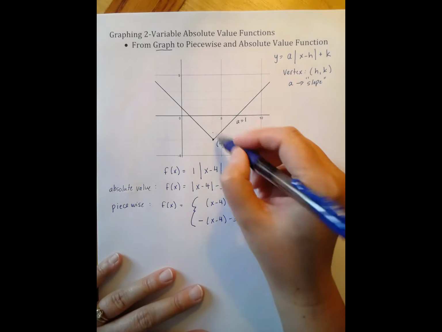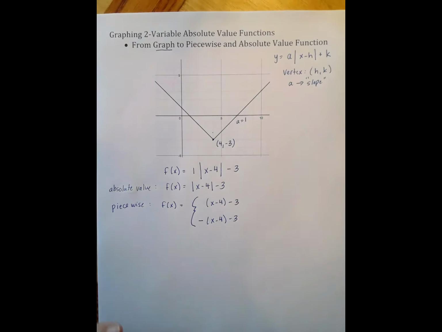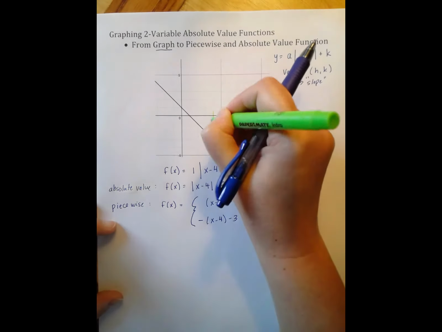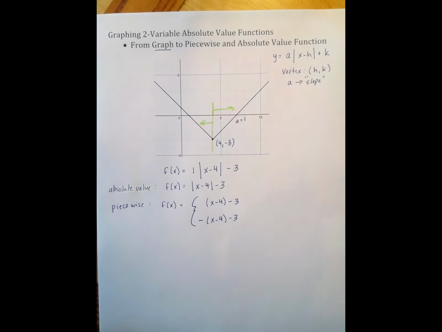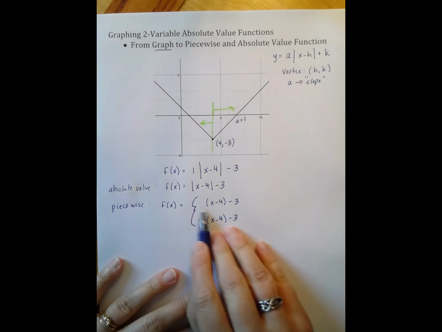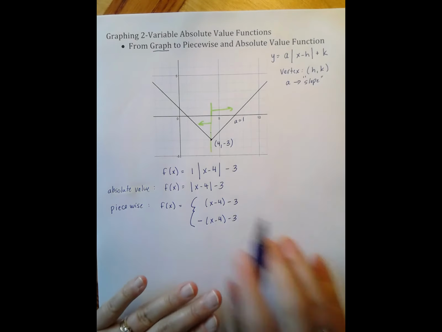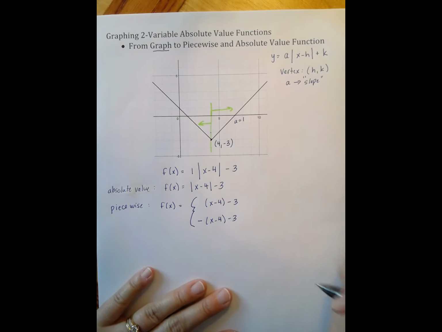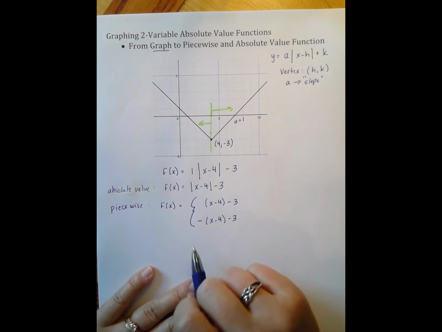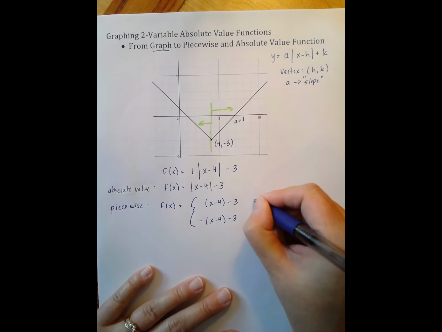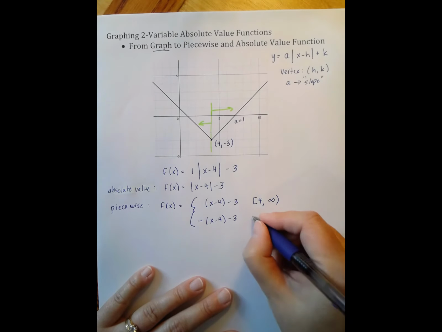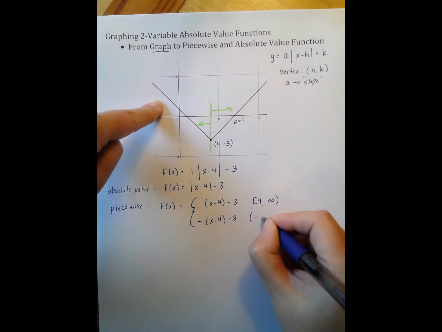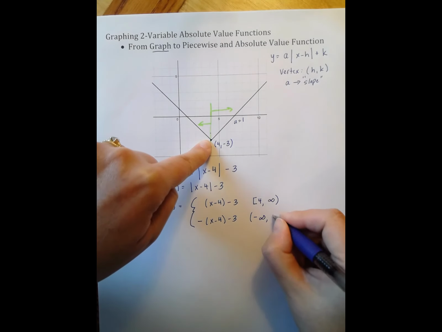My turning point here is where x is 4. And I have a right-hand side and a left-hand side. The first equation I wrote here was my right-hand side. It doesn't have to be. You could have written the left-hand side first, depending on how you see the graph. On my right-hand side, I'm going to include 4 and say it goes to positive infinity. On my left-hand side, it comes from negative infinity, and it goes until 4.